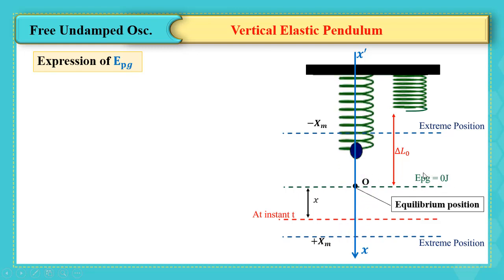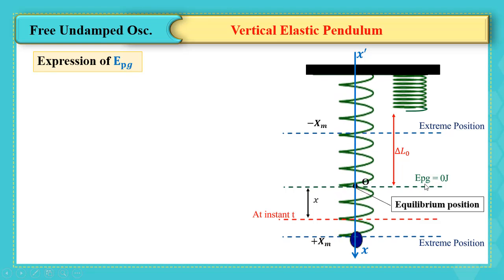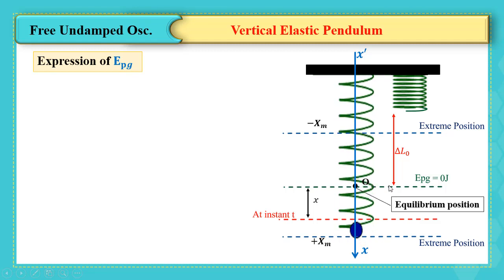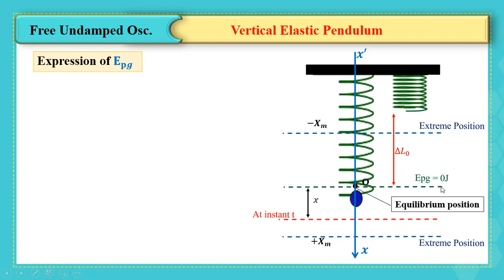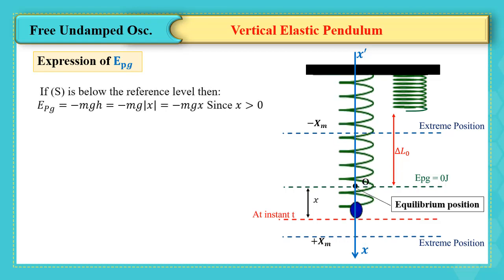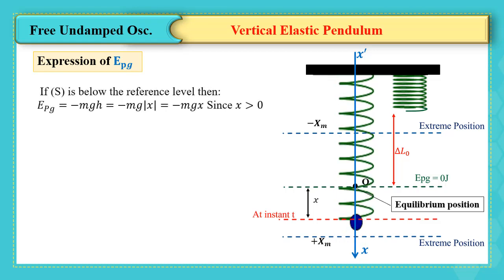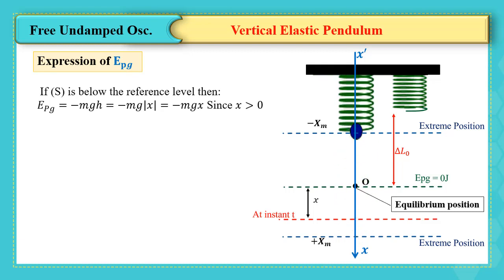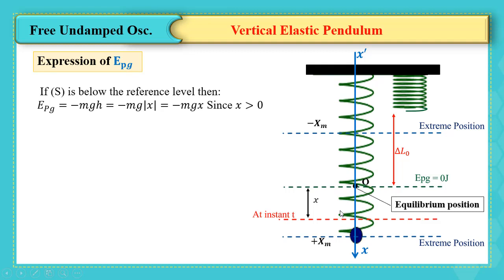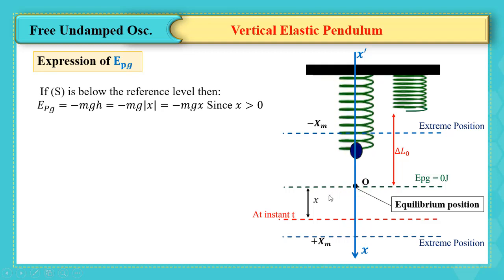Unlike the horizontal elastic pendulum, the gravitational potential energy plays a role in the oscillations of this pendulum. If at a time t, S is below the reference level, then the gravitational potential energy is minus mgh, which is minus mg times the absolute value of X, which is also minus mgX since X is positive.